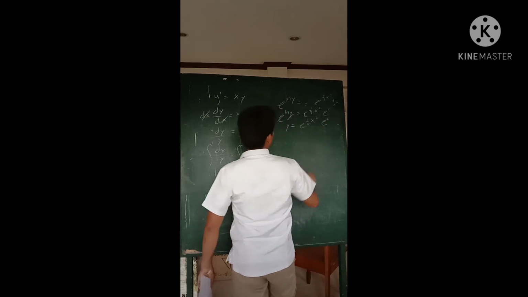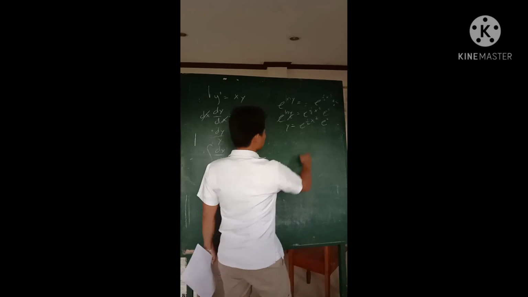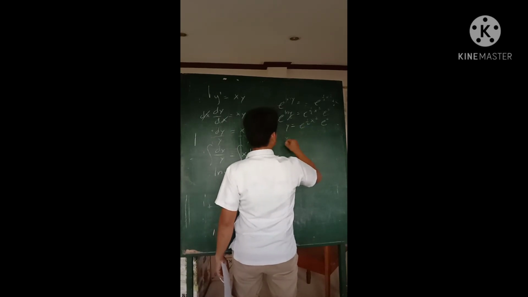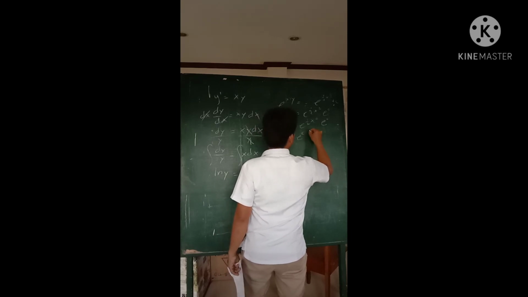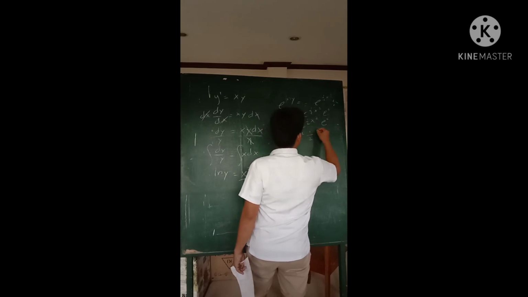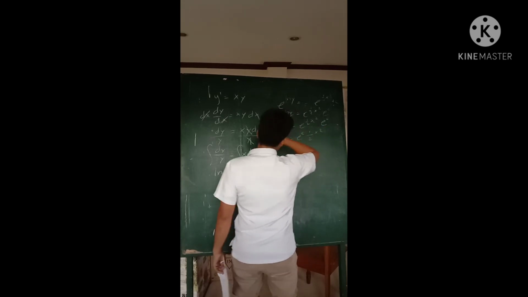So we can move this into the first: y equals e to the c times e to the 1/2 x squared.